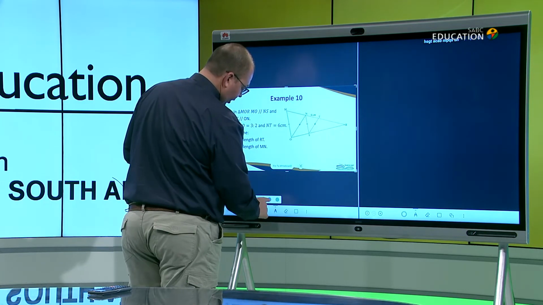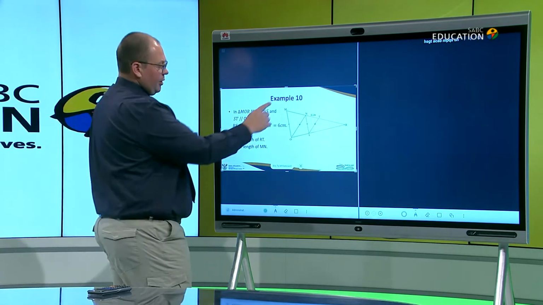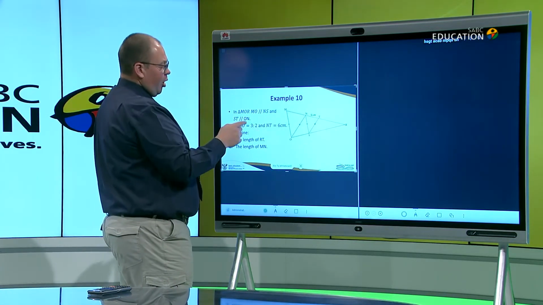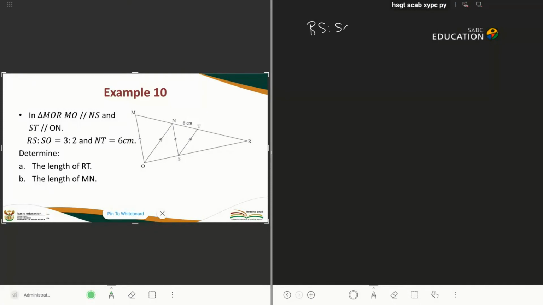When we look at the diagram that was given to us, they say in triangle MOR, meaning the bigger triangle, we have MO parallel to NS, indicated with the arrows, and ST is parallel to ON. Now they give us that the ratio of RS to SO is equal to 3 to 2, meaning RS divided by SO is equal to 3 divided by 2.